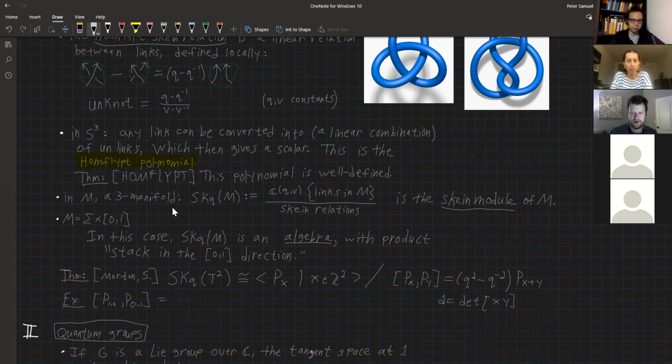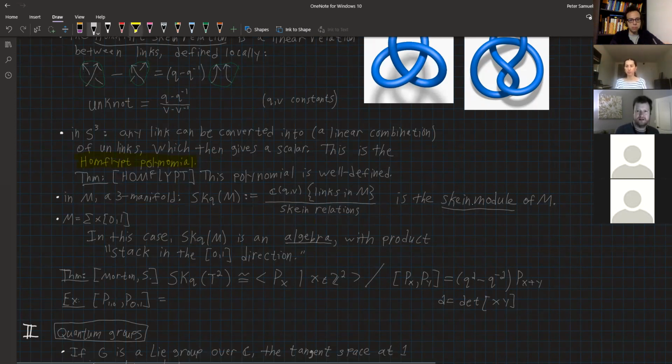So far, everything I've said, I was working in S3 or R3, but these relations make sense in any oriented three manifold. So this picture I've drawn looks like it's a projection of something onto the plane, but I can really think of this as an oriented ball inside of a three manifold. So if I have some oriented three manifold, I make just a formal definition of the Skein module.